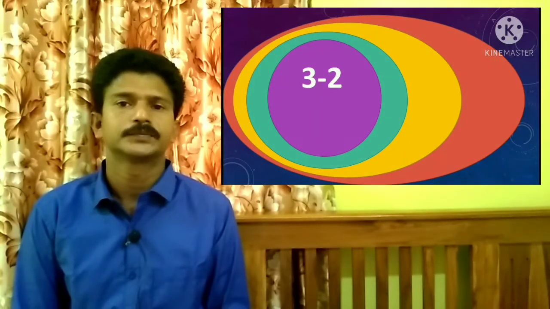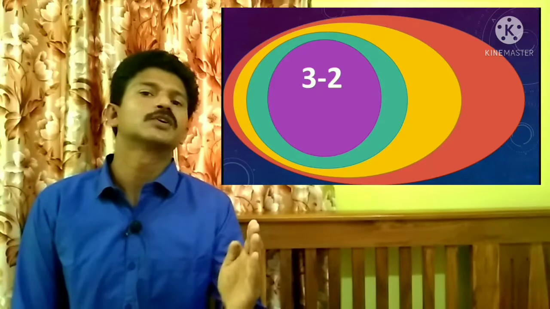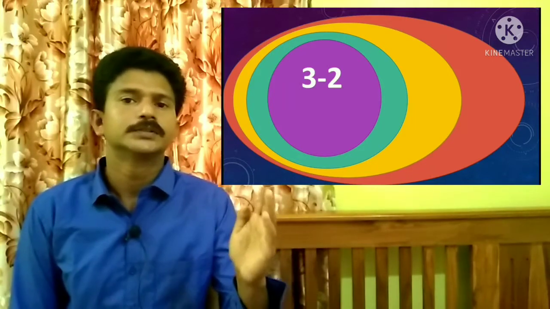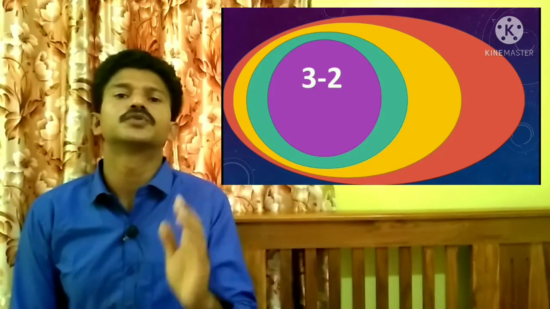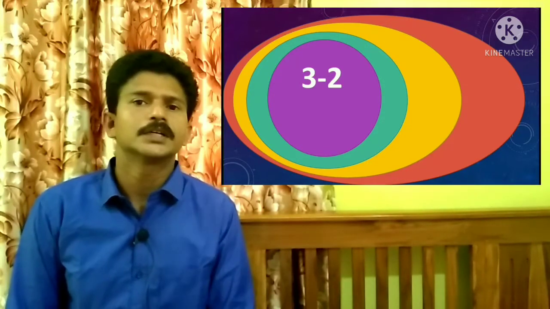Let us take the natural numbers 3 and 2. 3 minus 2, what is the answer? We know that 3 minus 2 is 1. The result of 2 minus 3 is minus 1.